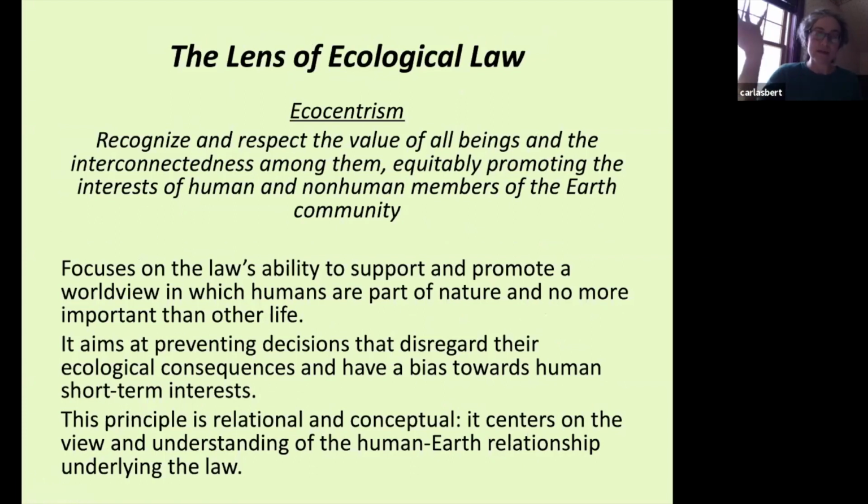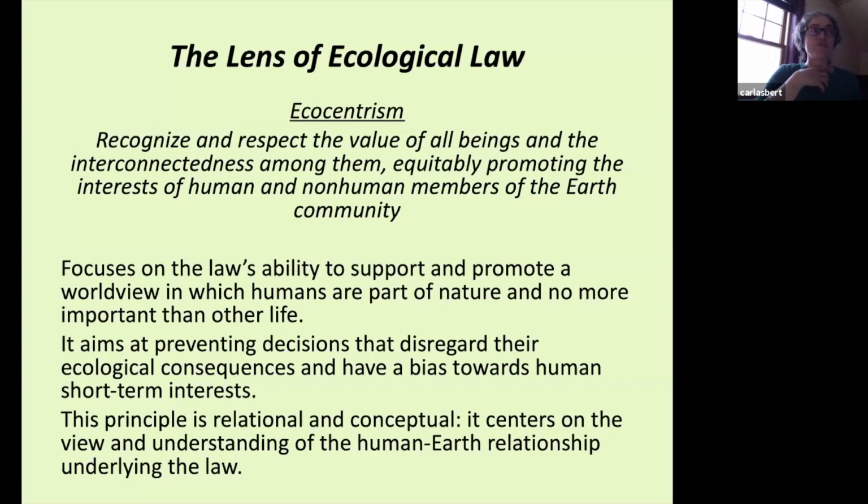So the first one is ecocentrism, and it calls for recognizing and respecting the value of all beings and the interconnectedness among them, equitably promoting the interests of human and non-human members of the Earth community. The function of this principle is the law's ability to support and promote a worldview in which humans are part of nature and no more important than other life.